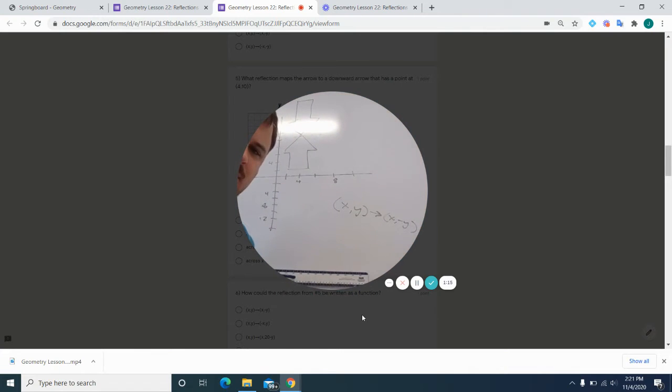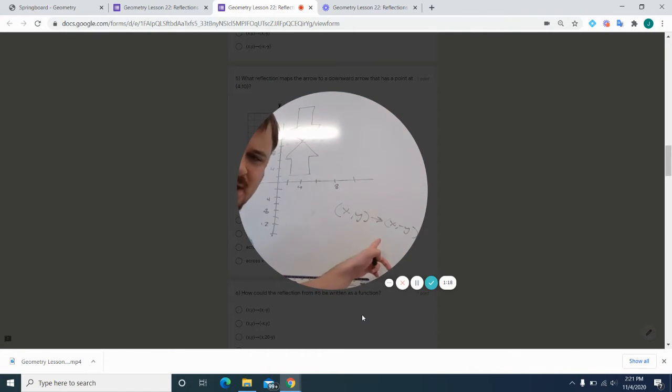So if you go from x comma y to x comma negative y, so I'm just making the y negative, then this original image right here, we're trying to get it to there. If I flip it, then it'll be right here. So however, it's 2 to go up to there, so let's go down 2 instead. And then this is going to be at 6, so we go down, and this goes out to about -6. And then right here to 10.